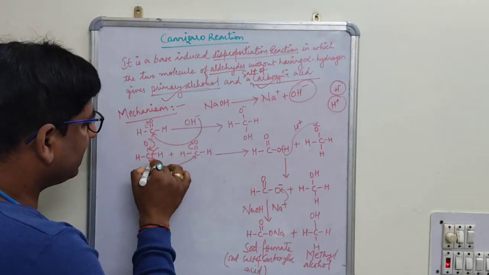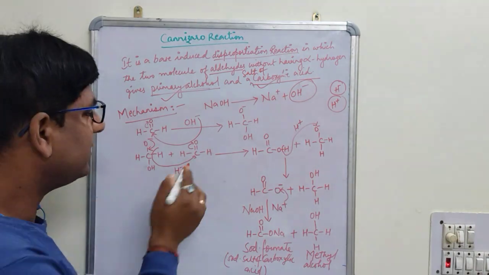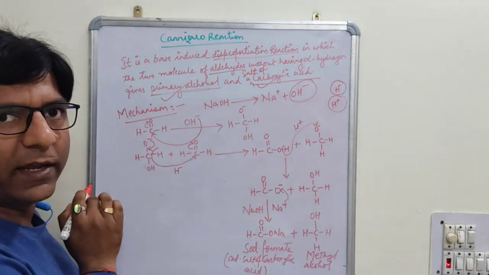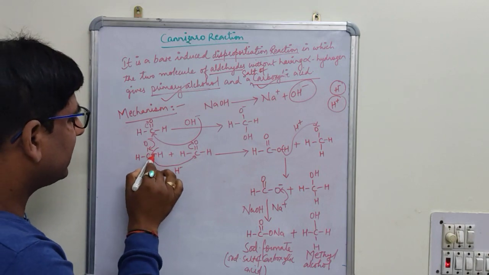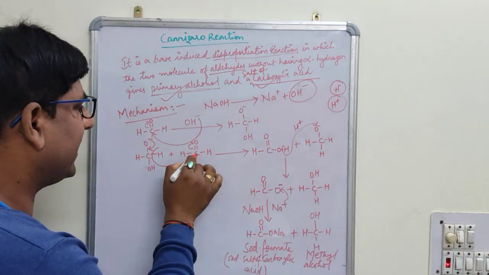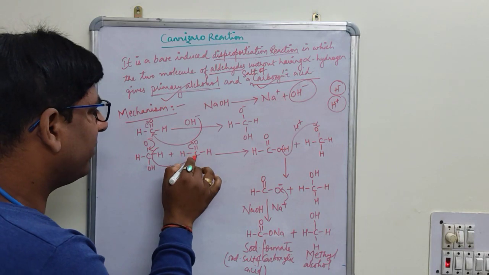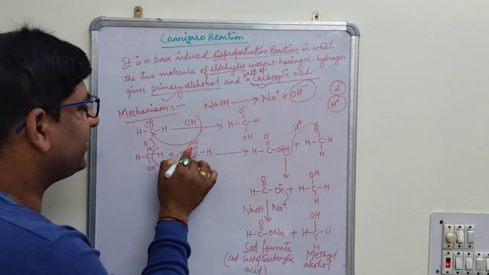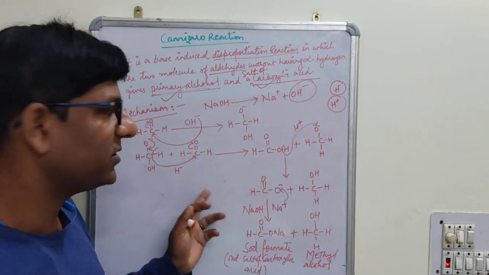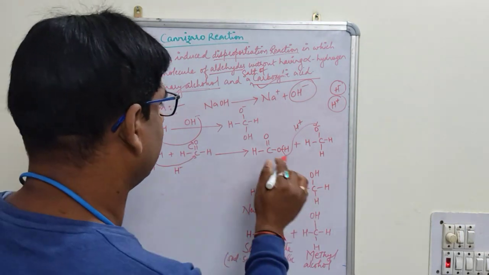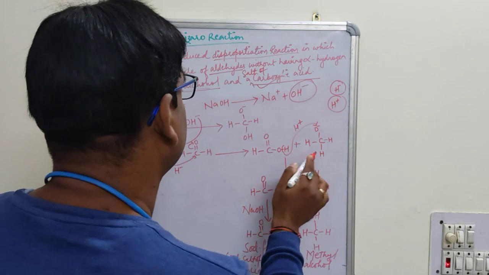Hydride means H minus, with 2 electrons taken. It attacks this carbon atom, and this carbon becomes positive by breaking of this bond on oxygen. Oxygen gets the negative, carbon gets the positive, as you are seeing over here, right?